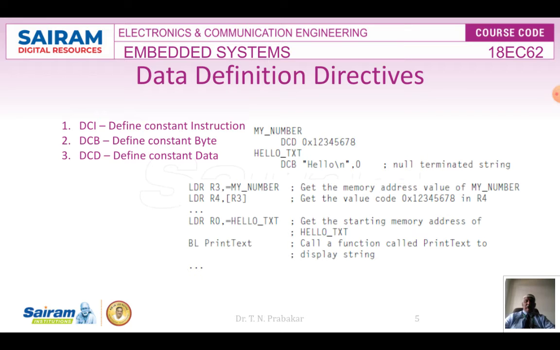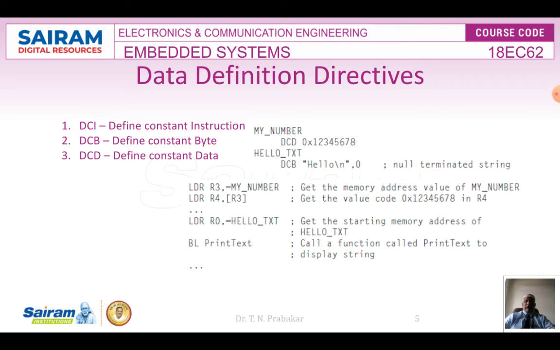Get the memory address value of my number. So this 12345678 is an address, and the data available in that particular address will be moved on to the register R3, right? Then LDR R4 comma R3, again get the value of R3 here, right? So again the data that is available in that address will be moved on to R4, right?